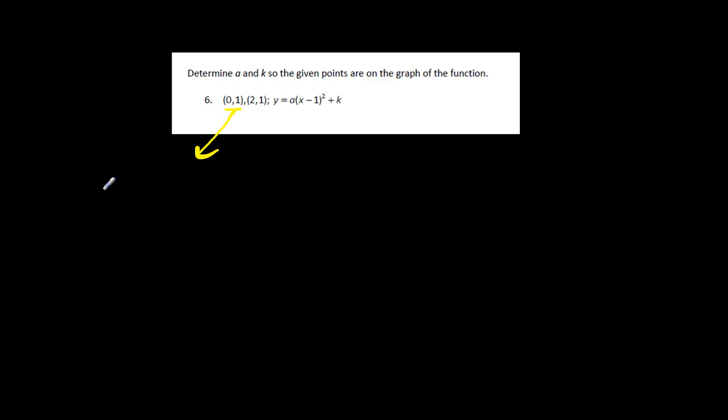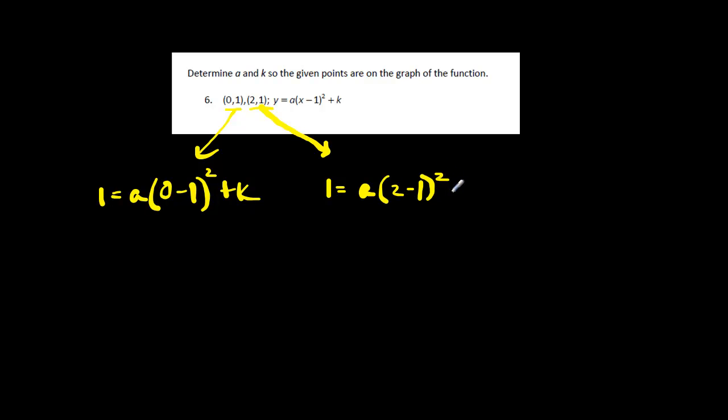So the y value, 1, equals a times (the x value, 0, minus 1) squared plus k. Substitute the 2, 1 in for a different equation. The y value is 1, equals a times (the x value, 2, minus 1) squared plus k.